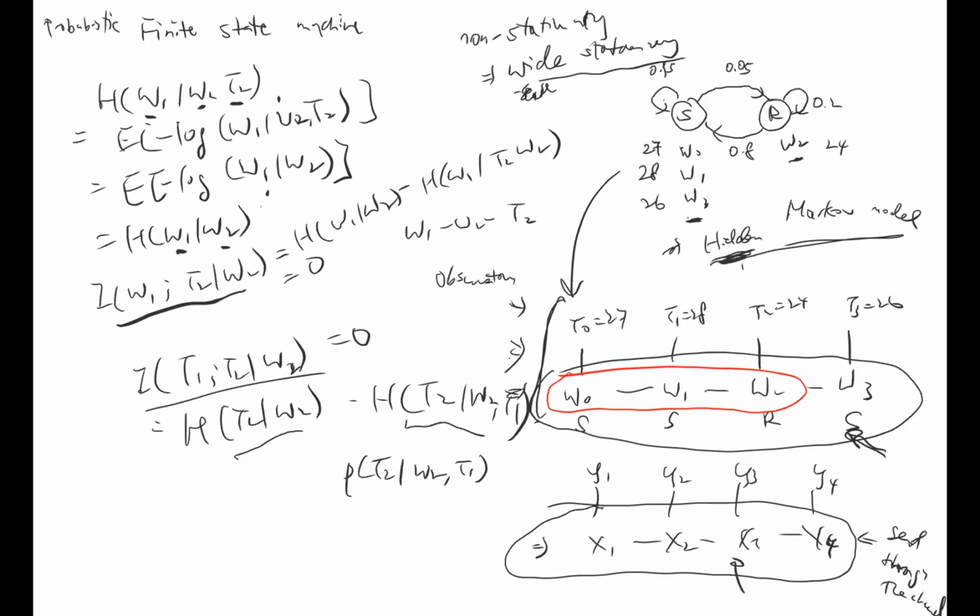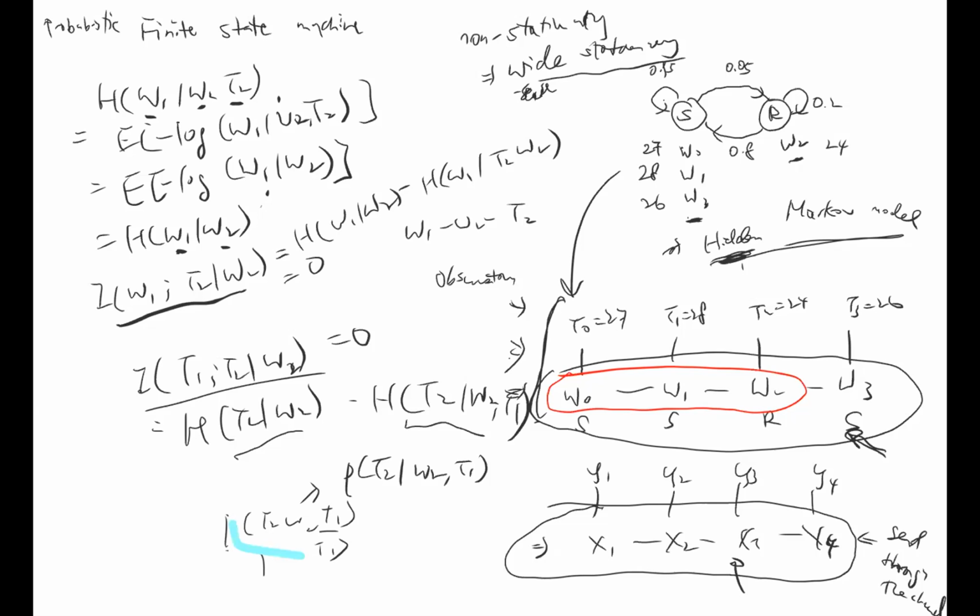What I need to do is pad a bunch of variables here. Probably I want to also put in W1 there. Of course I can just do it from first principles. That is P(T2, W2, T1) over P(W2, T1) here.